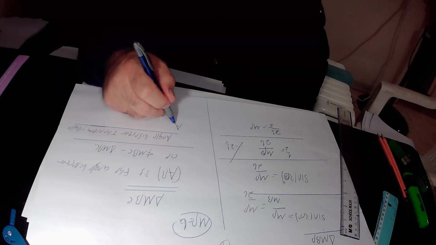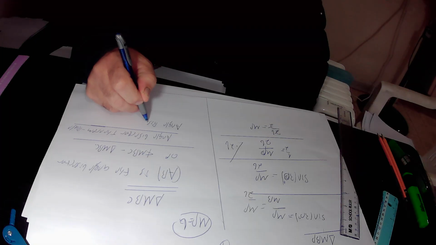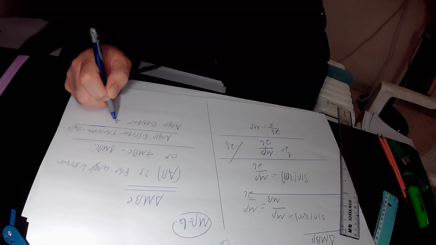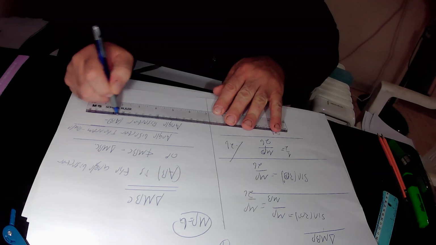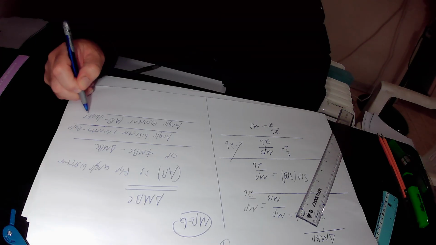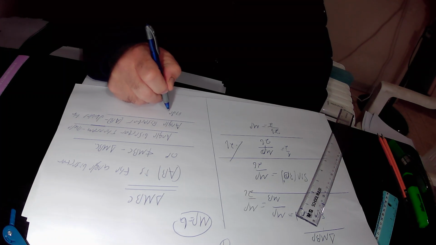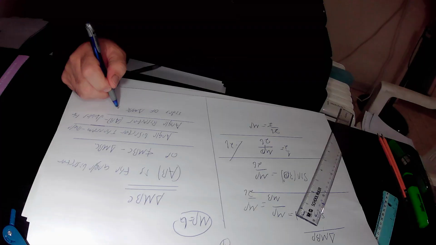Angle bisector AB divides the sides of the associated triangle MBC proportionally.